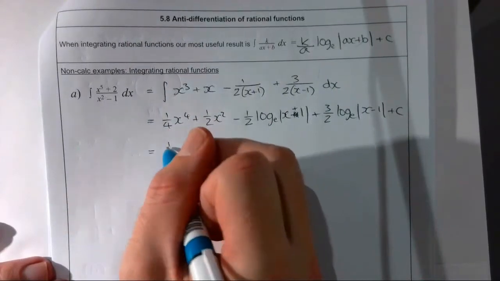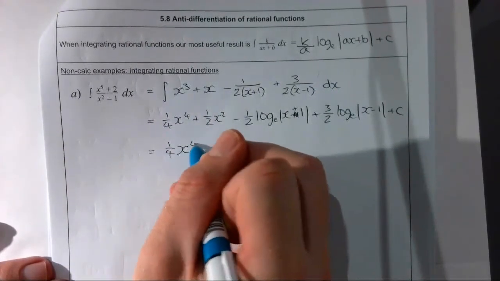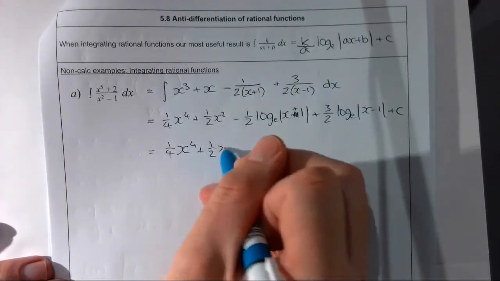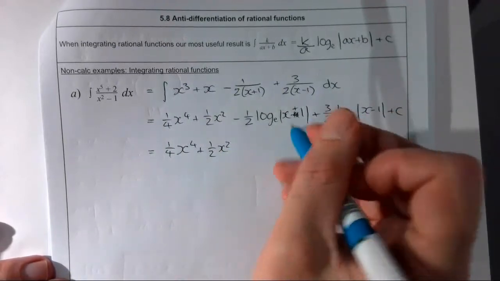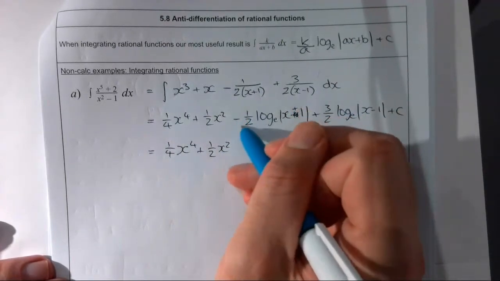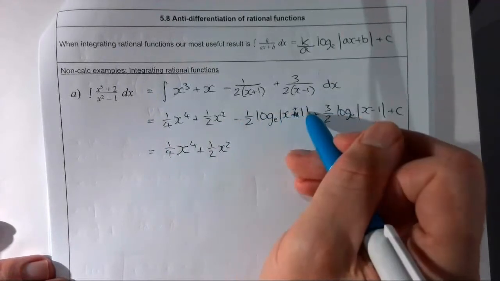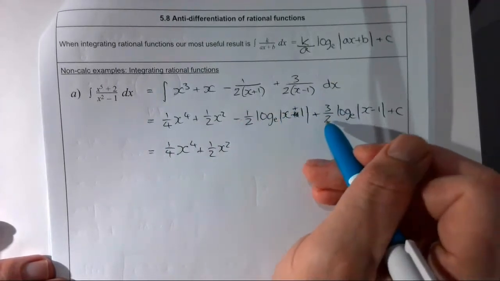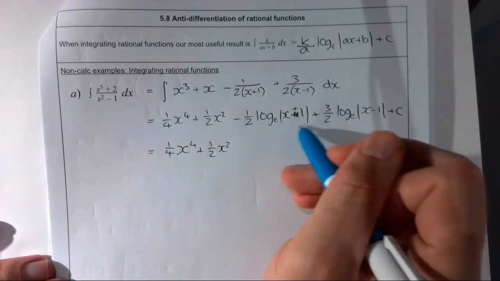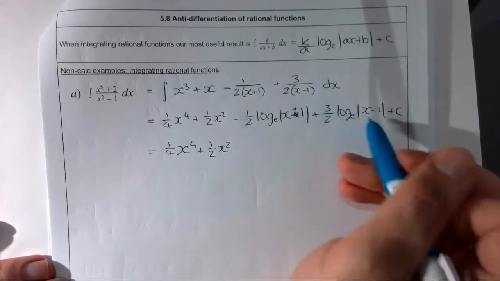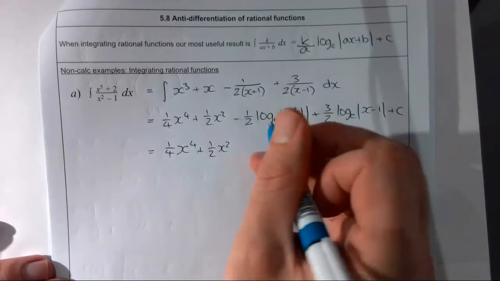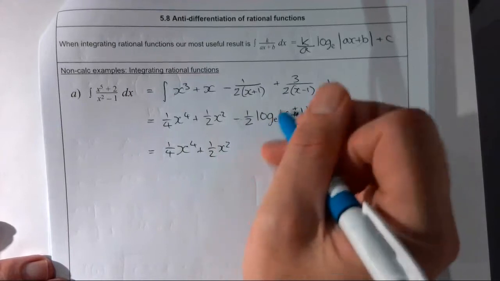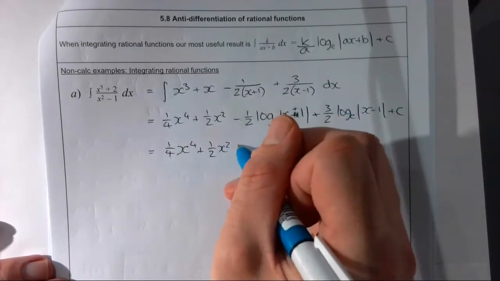That's another skill you've done before, but to write our answers completely, we're going to take the coefficients in front of the log and bring them in as powers, and then use either multiplication or division to combine the two logs into one, and the modulus signs can just go around the whole thing.